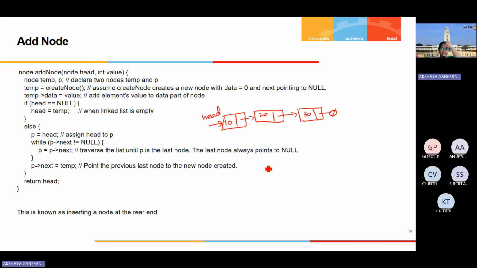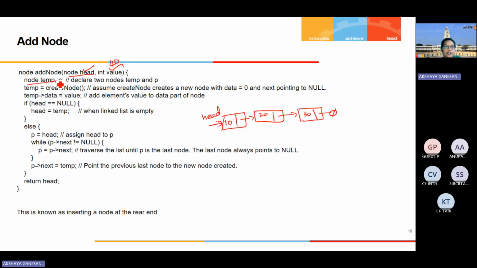If I want to insert a new node at the end, the value I want to insert is, say, 40. Then I have a pointer head which points to the start of the list.